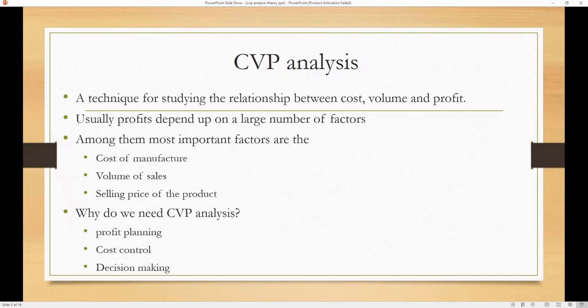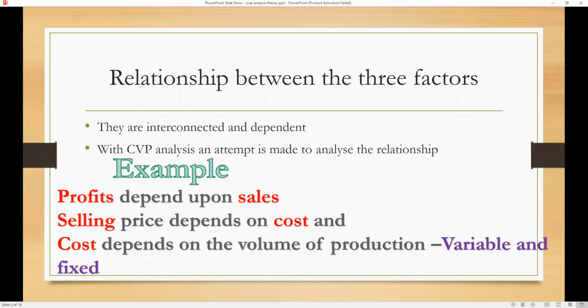There are three important applications of CVP analysis. Because of CVP analysis, you can do profit planning, you can control the cost, and also make decisions. So CVP is a technique for profit planning, cost control, and decision making in an organization.